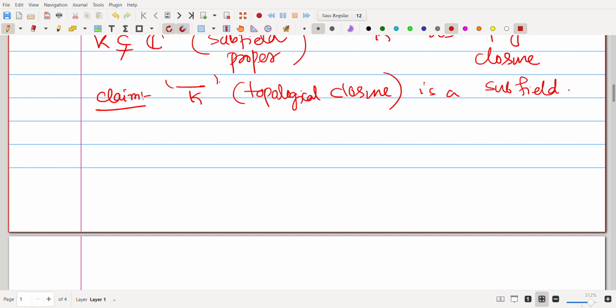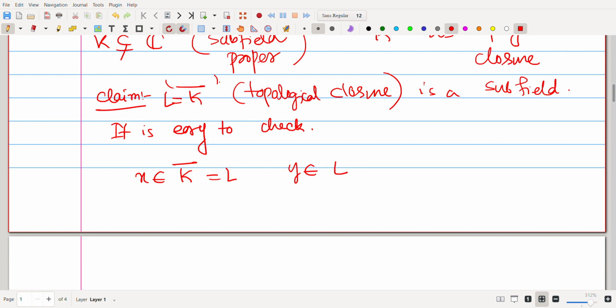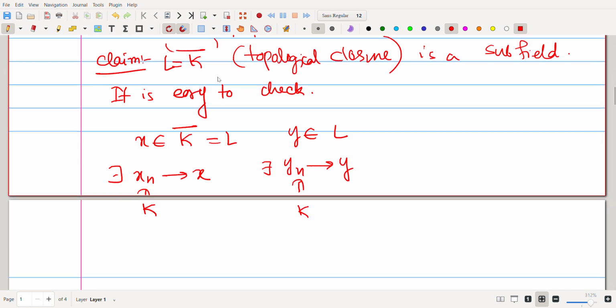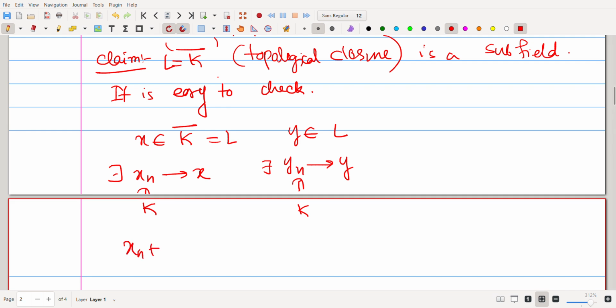Why? It is easy to check. Let x belong to K closure, let's give it the name L, and y belong to L. Since x belongs to L, there exists a sequence xn that converges to x such that xn is contained in K, and y belongs to L implies there exists a sequence yn converging to y where yn belongs to K. Now K is a field, that means xn plus yn, which is say zn, is already contained in K, and then zn converges to x plus y.